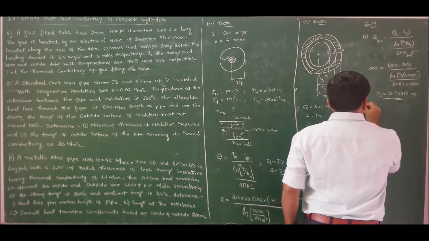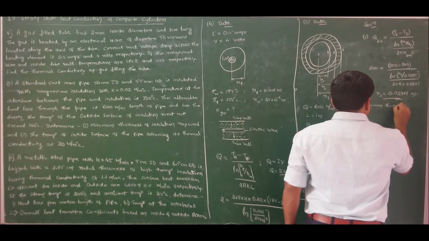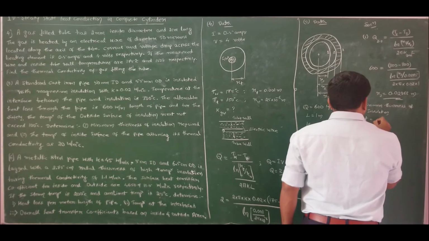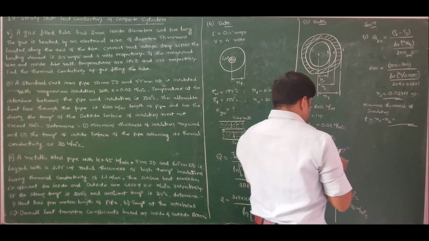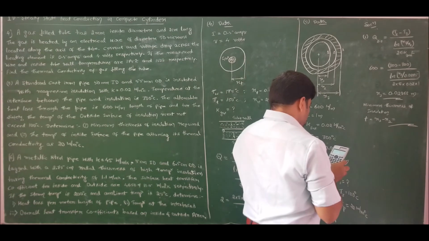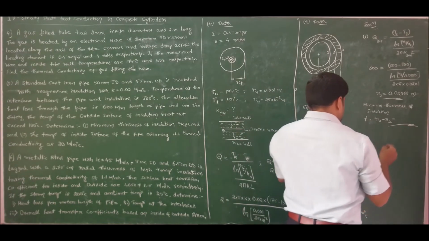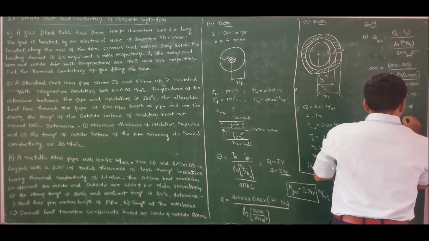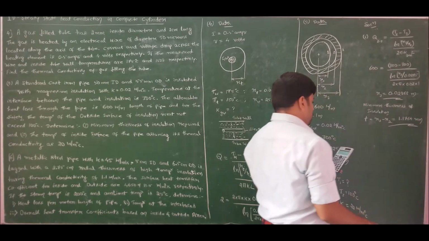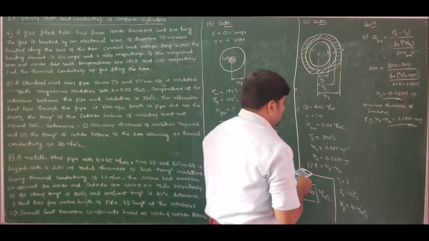meters. So the minimum thickness of insulation will be R3 minus R2, which is nothing but the answer minus 0.0275, which is 1.1764 into 10 to the power of minus 3 meters, which can be noted down as millimeters.